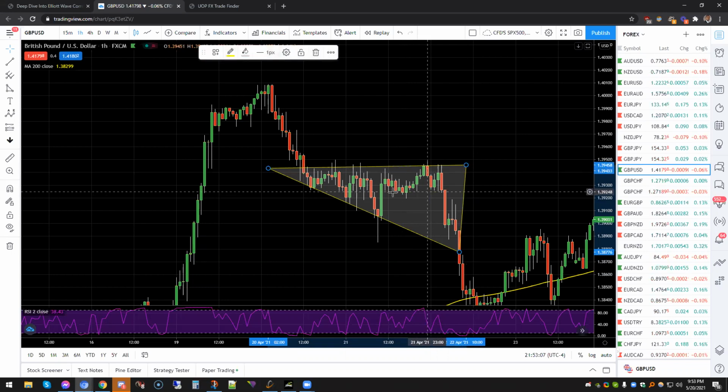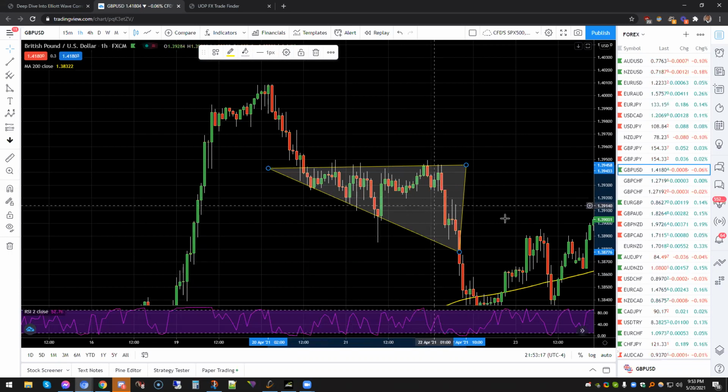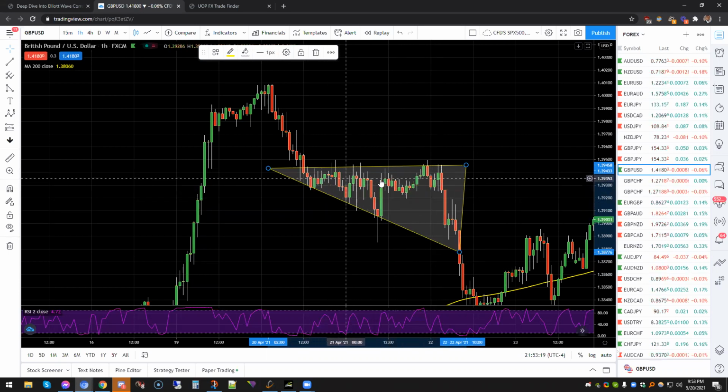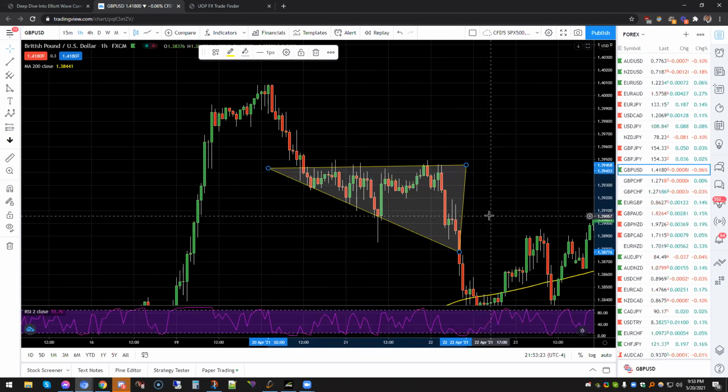Instead of just trying to leave them small, it's good to try to expand them. Okay, so don't just leave them, especially when it's expanding triangles like this one. You want to make sure that you push it out. Don't just make it small.